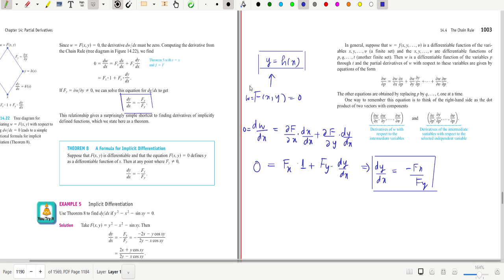This I have discussed just now. This is the use of partial derivatives to evaluate the total derivative.